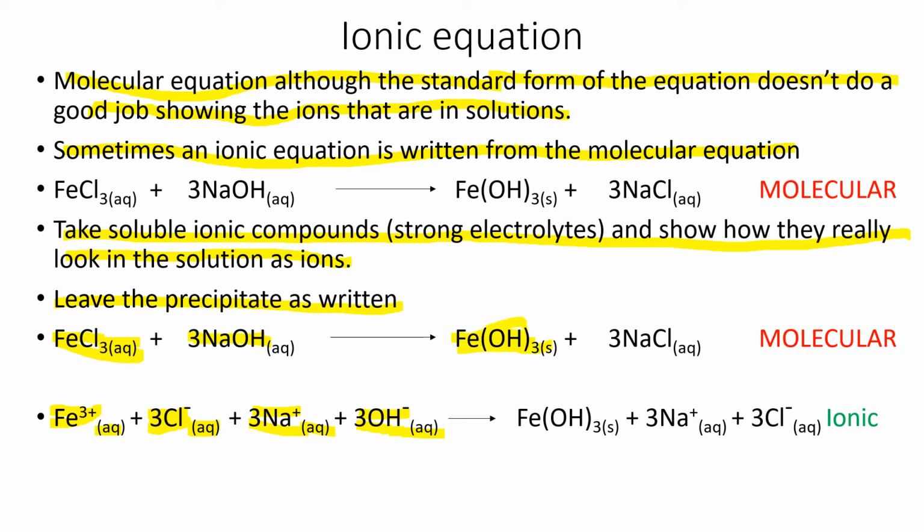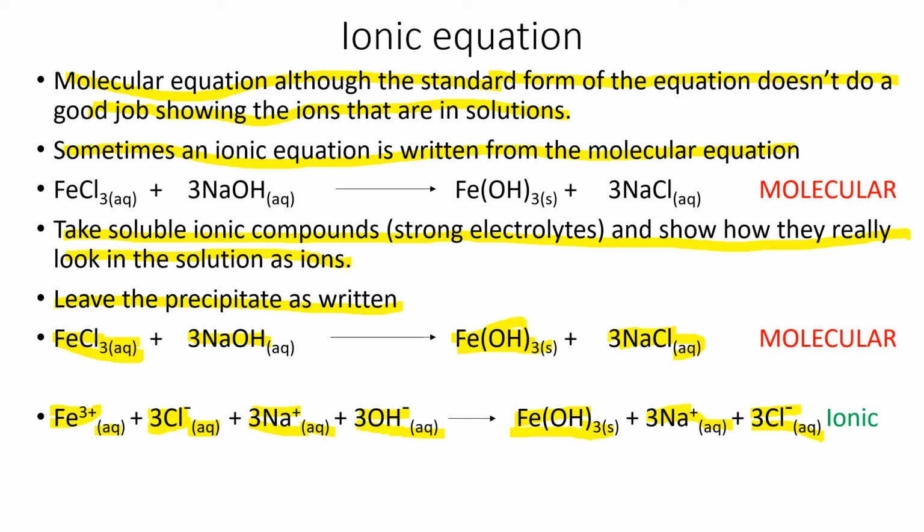This is not split up into individual ions. These ions are still all together. I need to show that. I'm just going to bring that down as is. The NaCl, though, is soluble. So the NaCl being soluble, I need to split this up into 3 sodium ions and 3 chloride ions.